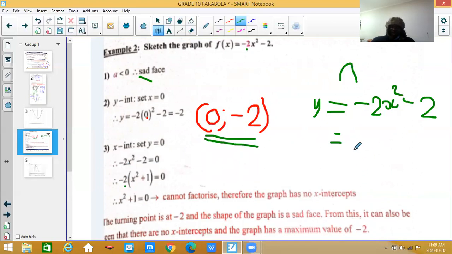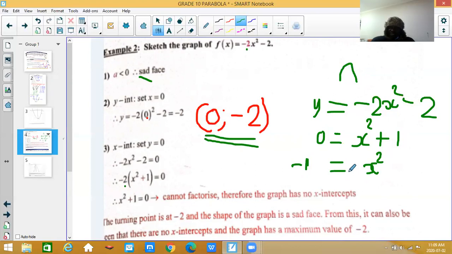Now, since here we had a 0, we have x squared plus 1. So let us transpose the 1 to the other side, and it will be negative 1.